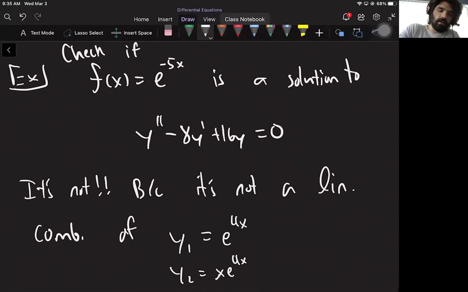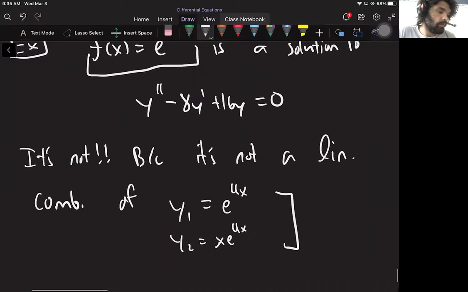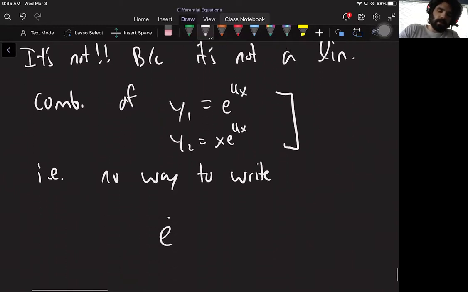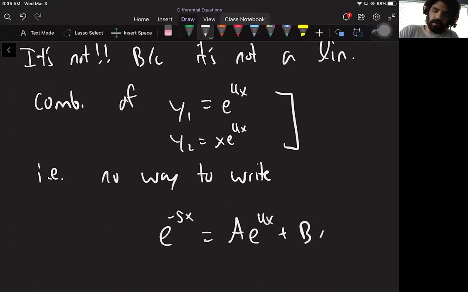So there's no way to build this thing out of these two with constants, i.e., no way to write e to the negative 5x as some amount of these first guys plus some amount of these other guys.